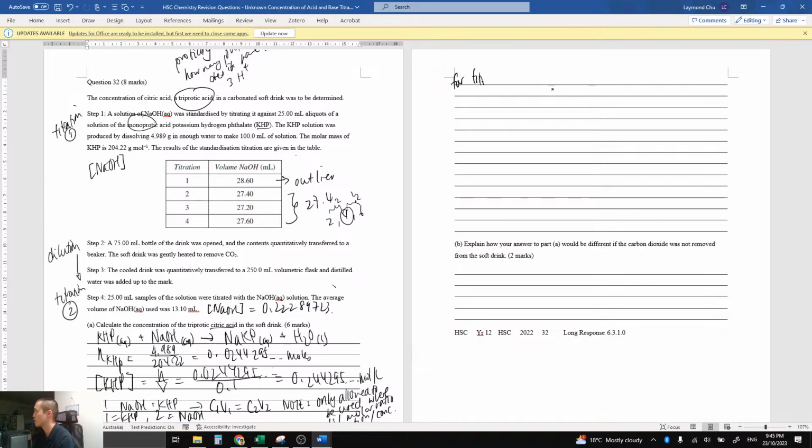So we can say for titration number 2, we have 13 mL, so moles of NaOH equals 0.0131 liters times the concentration of NaOH, which was 0.0222899723 moles per liter, which is 0.00291995 moles.